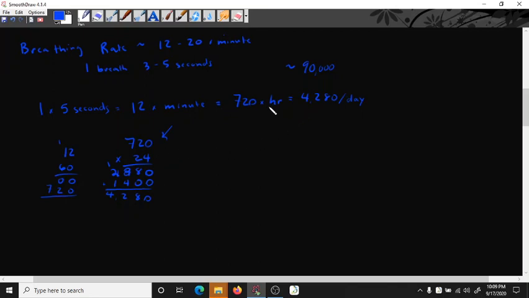And there are 24 hours in a day. 720 times 24 is around 17,280 breaths a day. This shows you, not 90,000. That's a lot of breaths.